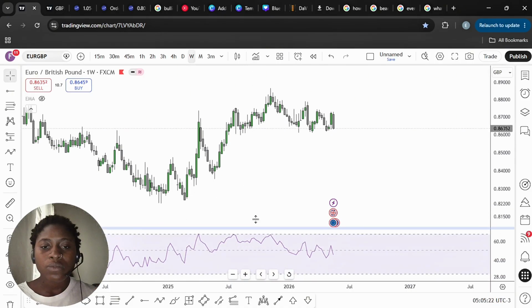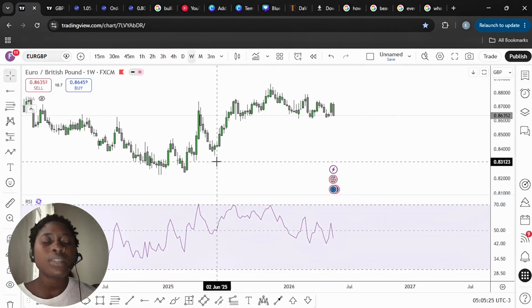Now, although the price is showing that it's in an uptrend currently, it is showing a sign of exhaustion. Price is currently showing me a bearish weekly divergence.